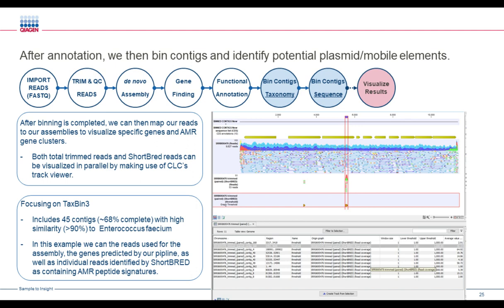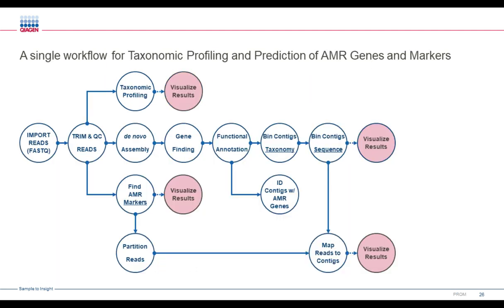And in this way, you can then roll up to the gene that is intersecting with where these reads are mapping and actually identify the specific gene that was found in this contig. And this provides you with an orthogonal way to identify potentially antibiotic resistance conferring genes that may have been missed by one of the other methods that we already presented earlier.